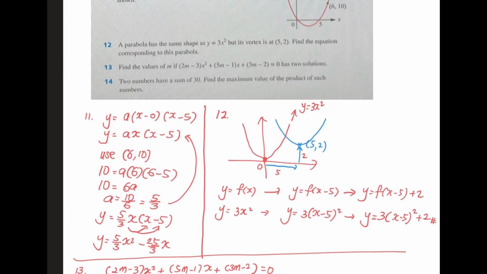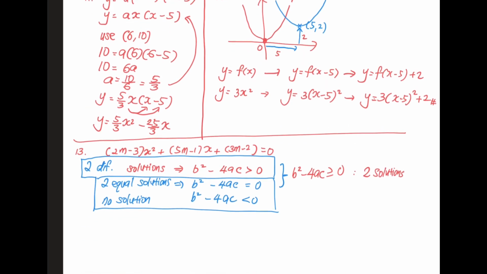For this case, the question never mentioned clearly, they just say it has two solutions and never mention whether there are two different solutions or two equal solutions. So we assume it belongs to this case.